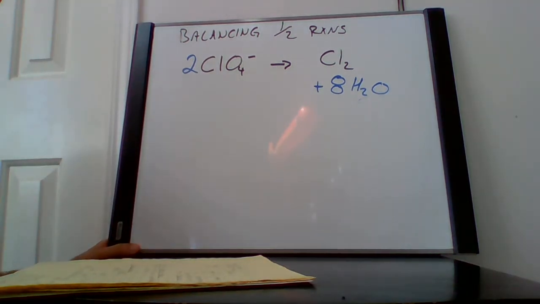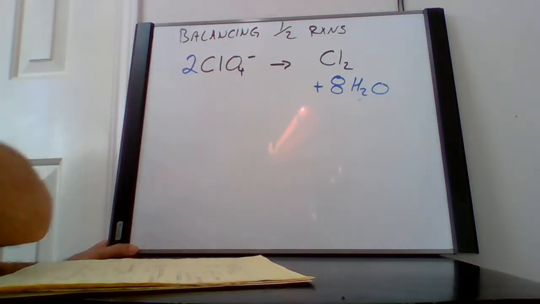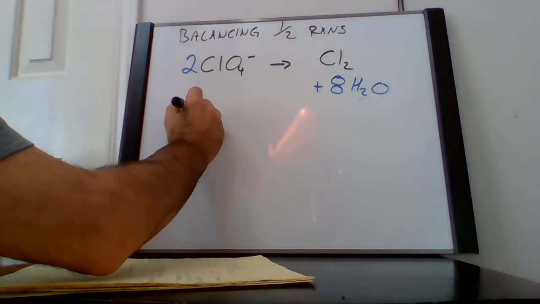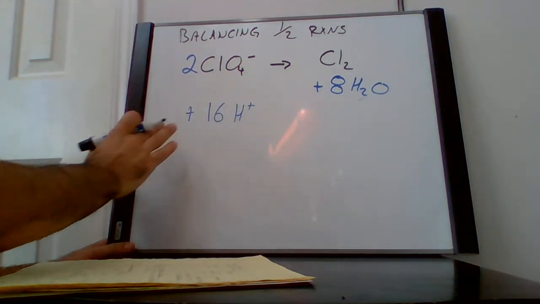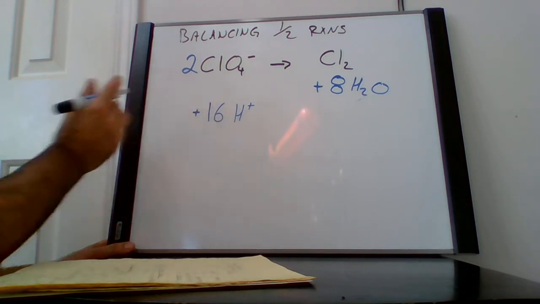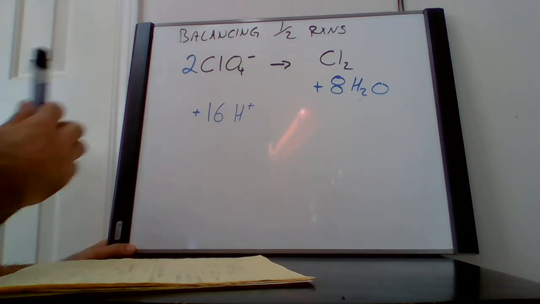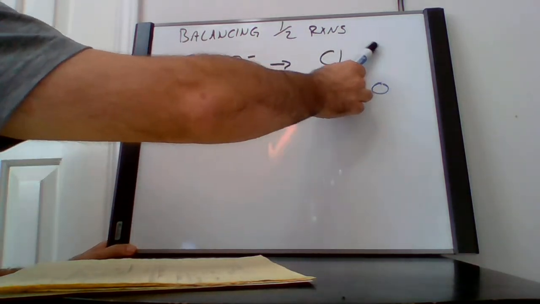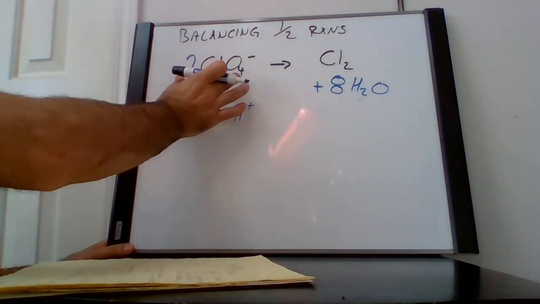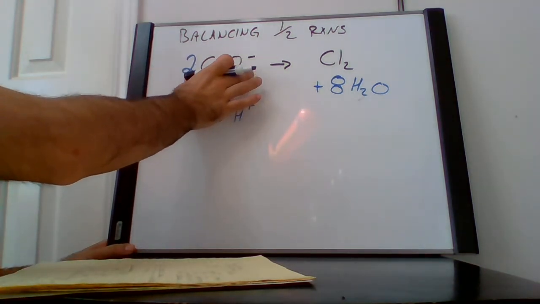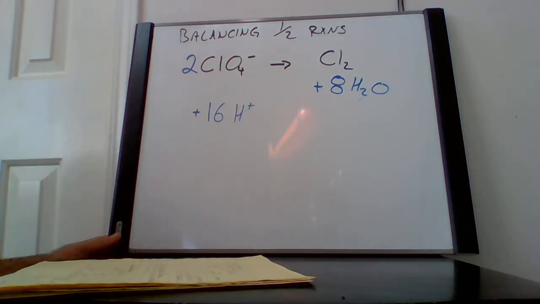Next up, balancing out our hydrogens. I have 16 on this side, so I need to add 16 H pluses to this side. I now want to look at my charge. Everything on this side here is neutral. However, on this side, I've got a 2 negative and a 16 positive.